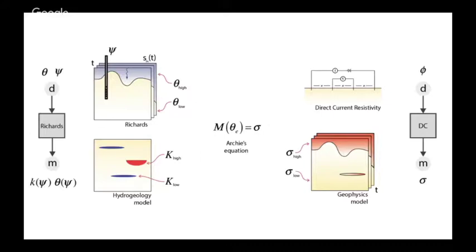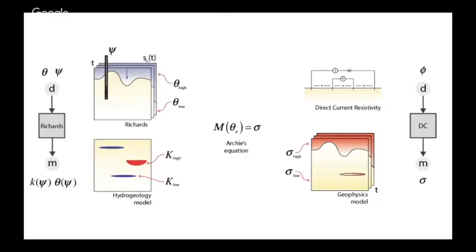If we jump back to Richards' equation, or this infiltration front, wet sand is much more electrically conductive than dry sand. So there's an empirical relationship between these two models, and the change in time can be mapped through some empirical relationship, maybe Archie's equation, to a changing electrical conductivity model.